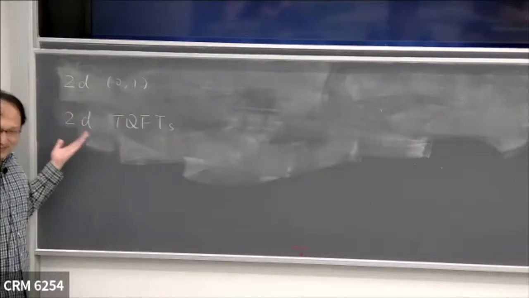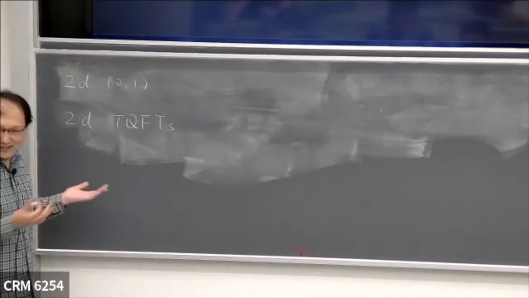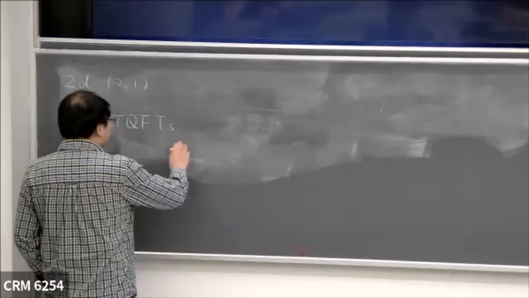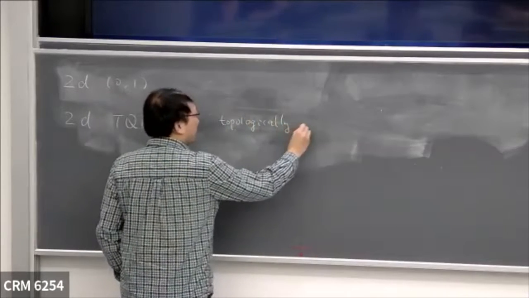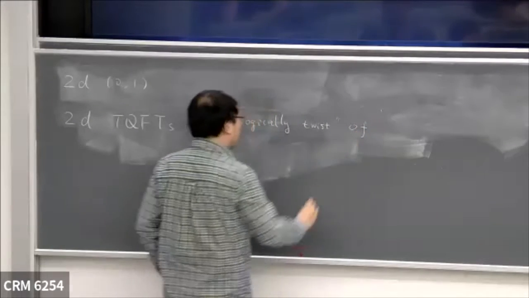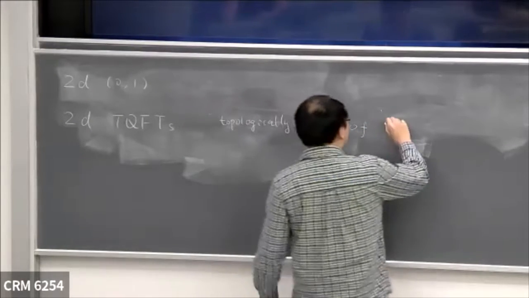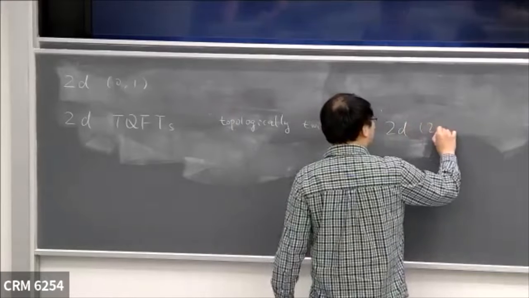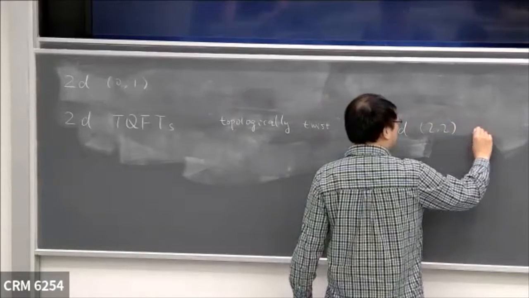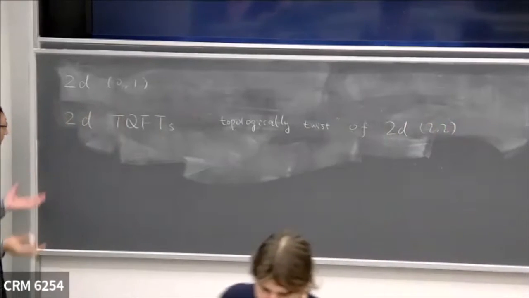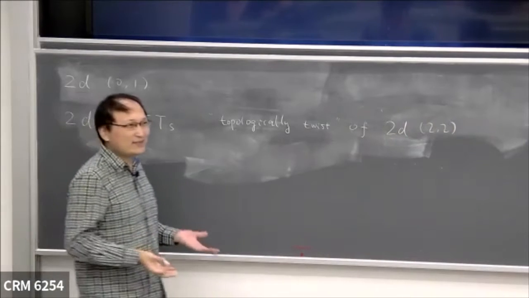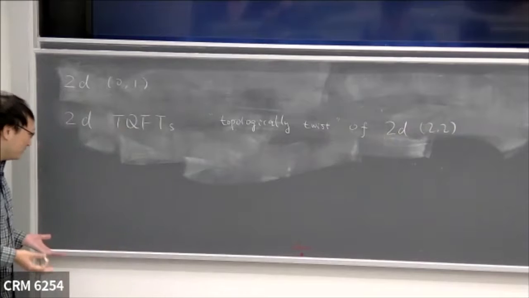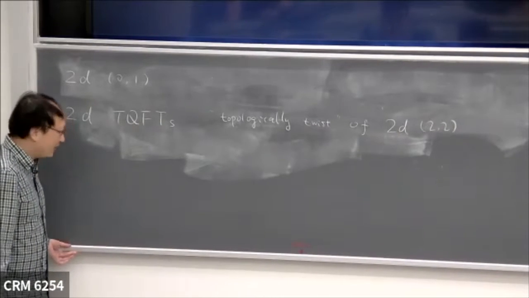So QFTs can come in different ways. I mentioned before that they can be obtained by topologically twisting some theories that are supersymmetric, like 2D (2,2) theories. However we get it, once we have a 2D QFT, we can study it using the familiar TQFT axioms.